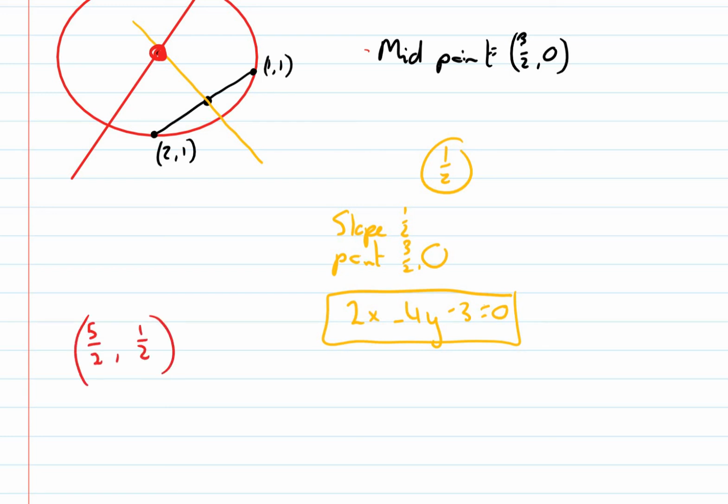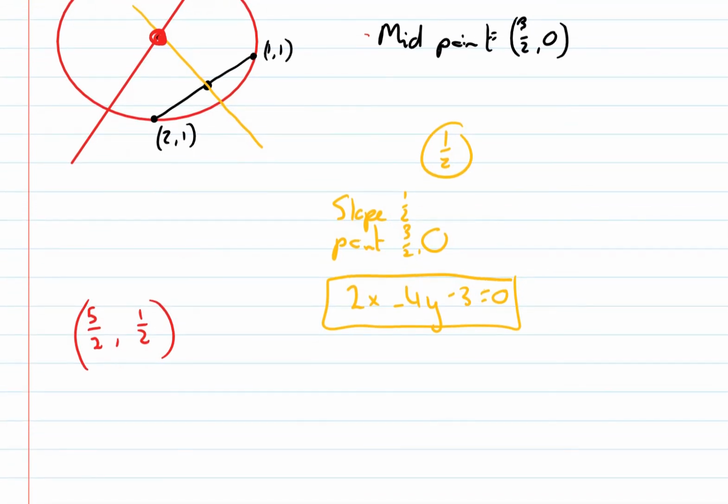There's the centre of the circle. I want to find then the radius. I get the distance between the centre of the circle and one of those points. When I do that, I will get a radius of √10/4. So now I have the radius, I have the centre.